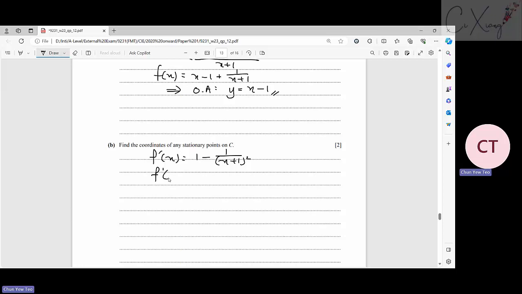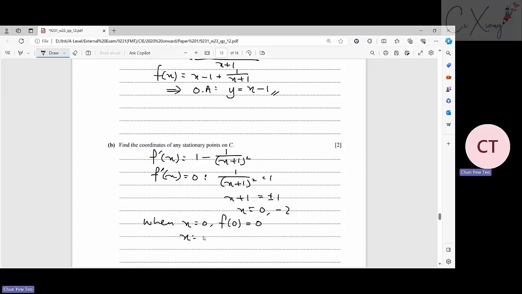Then f'(x) equal to 0 will give you 1 over (x plus 1) squared equal to 1. Then you have x plus 1 equal to plus minus 1, and you have x equals 0 and x equals -2. Then when x is 0, your f(0), or your y, will be 0.